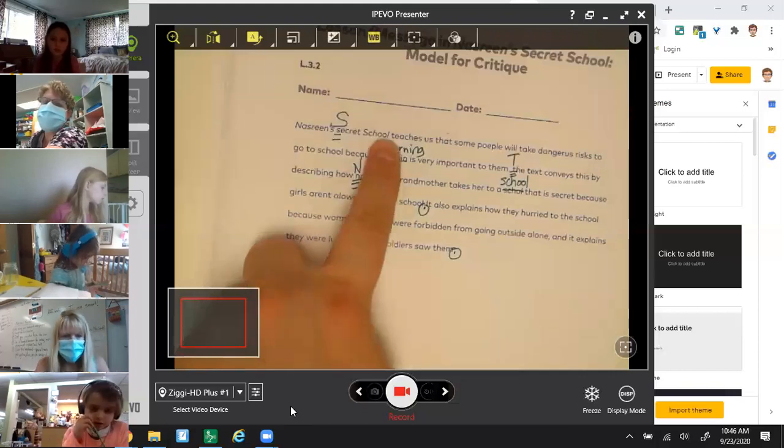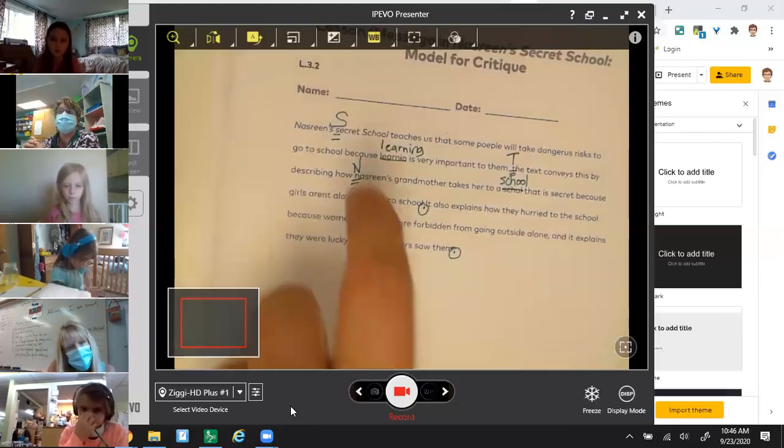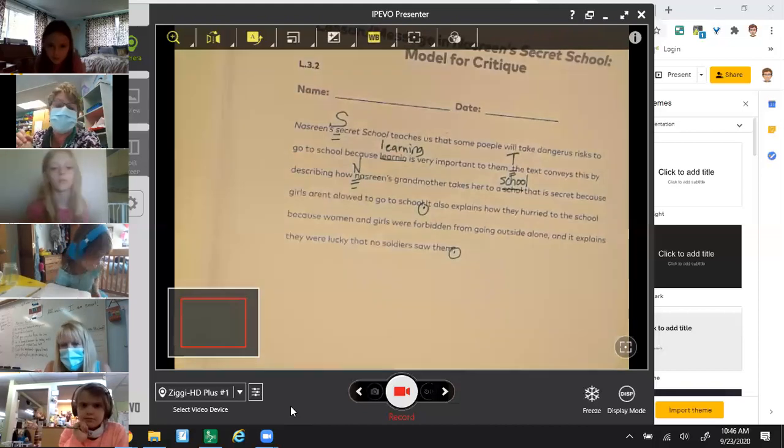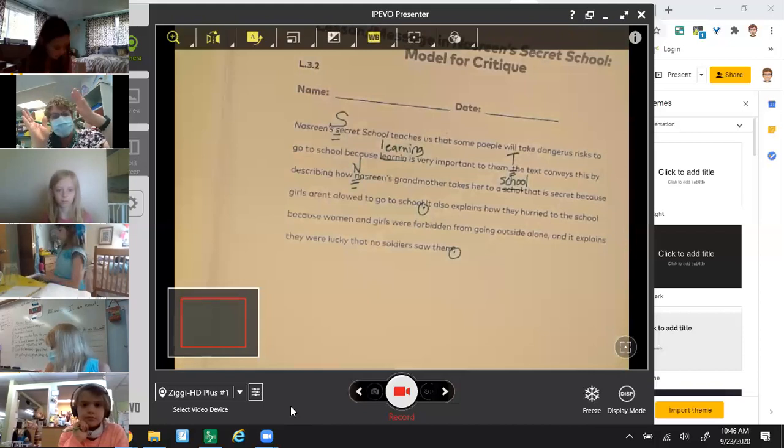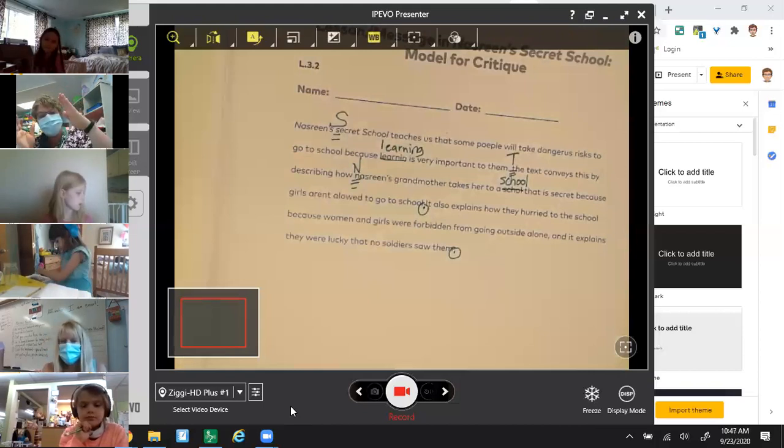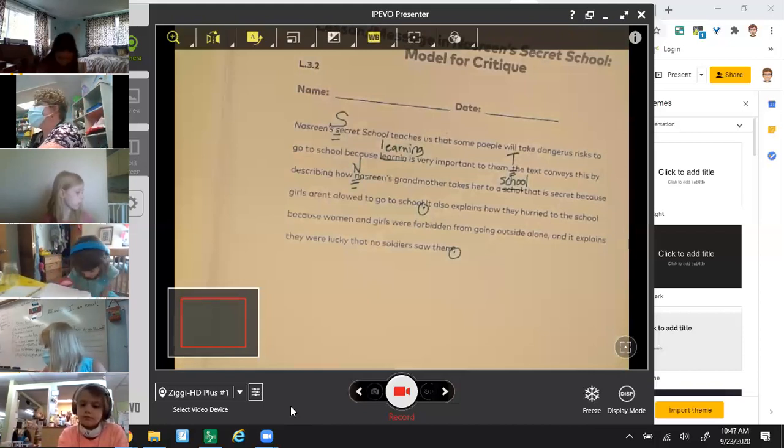No, it's actually because when we write the name of a book, we either underline it or put it in italics. That's probably why it looks like that. It's not an L, it's just italics.